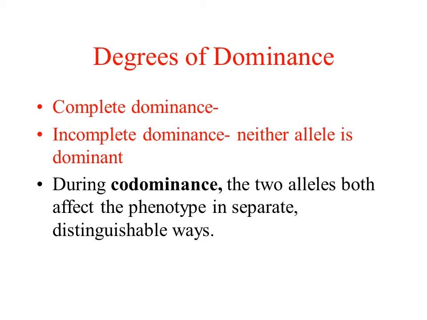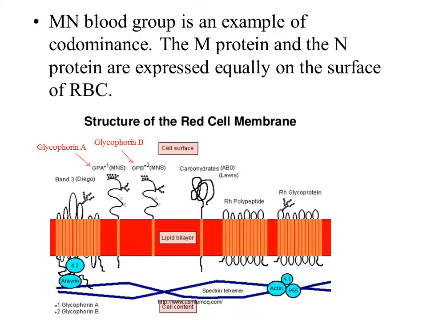The last degree of dominance that we will discuss is codominance. This is when two alleles both affect the phenotype in separate, distinguishable ways. The example we will talk about is blood typing. Now, there are many ways to type blood.